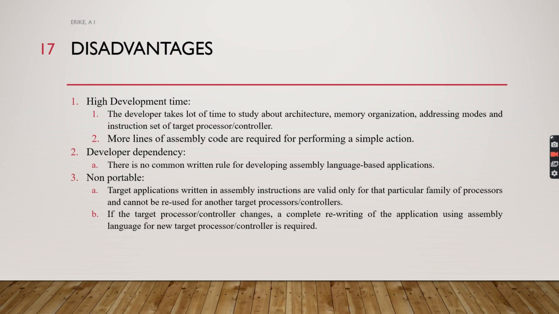So more lines of assembly code are also required for performing a simple action, because we see how the instructions are written, opcode plus operand and so on and so forth. So more lines of code are written in the assembly language. Now, there's developer dependency. What it means is that there's no common written rule for developing assembly language-based applications.